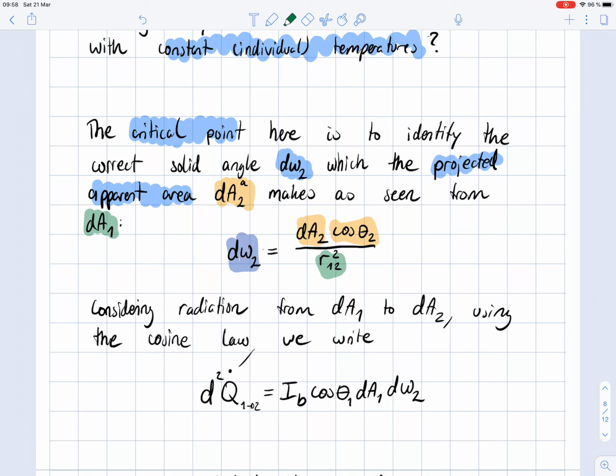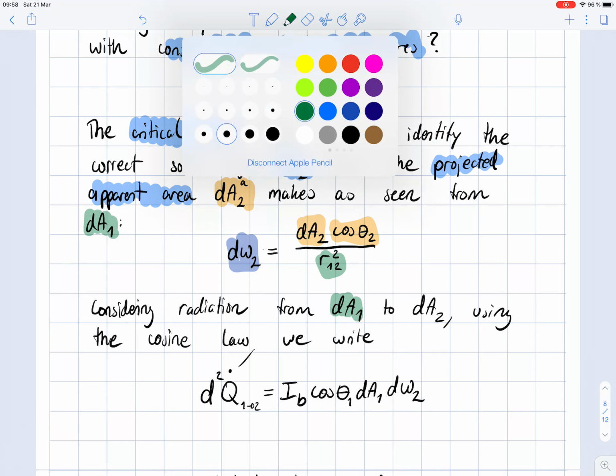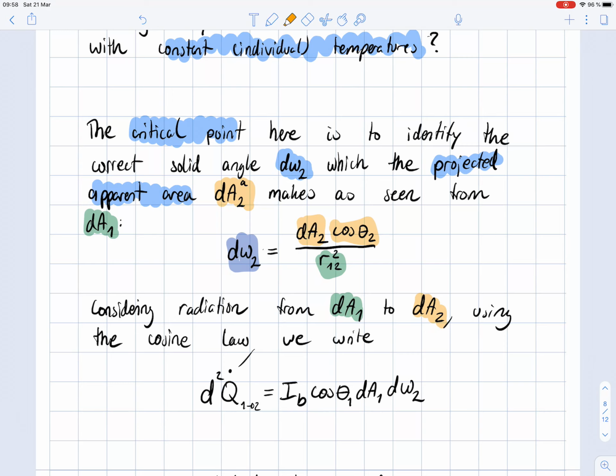If we now consider the heat transfer rate from surface dA1 to dA2, we can then use the cosine law and find that the second order differential, remember this was a second order differential equation for the heat transfer rate, equals the black body intensity multiplied with the cosine of the angle theta 1.